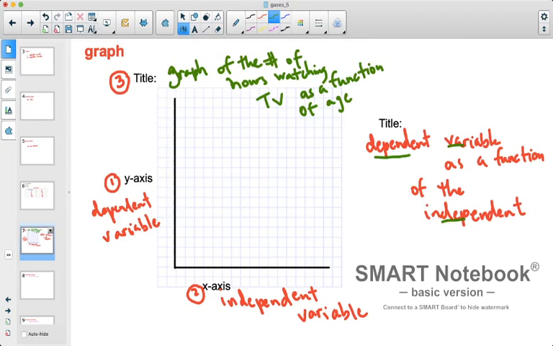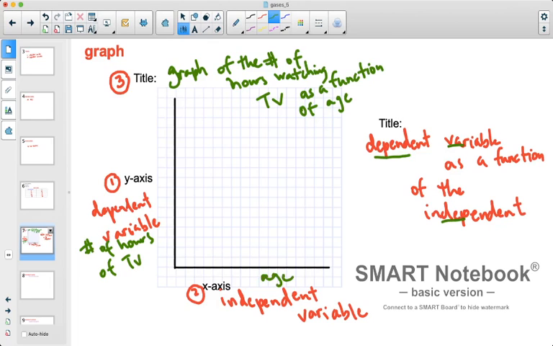And just to put this together, we know that our dependent variable was the number of hours. So I'm just going to label them for you just to tie it into what we did in the last slide, of TV. And our independent variable, just so we remember, happened to be age.